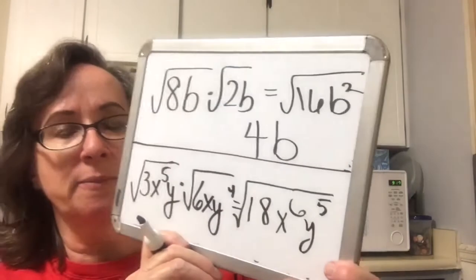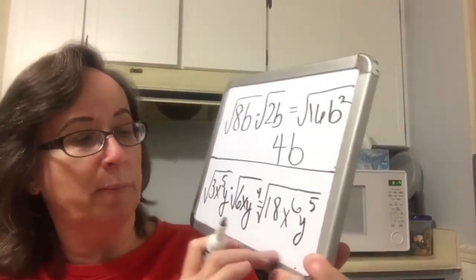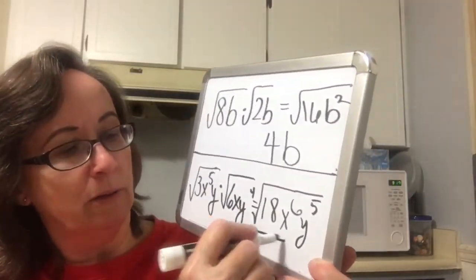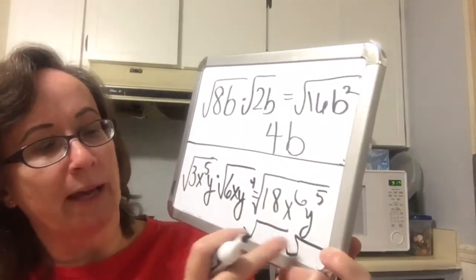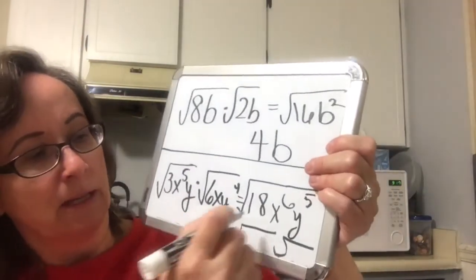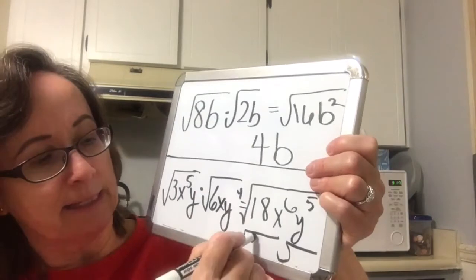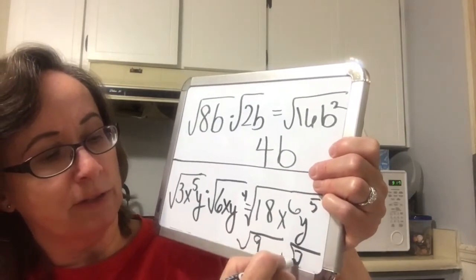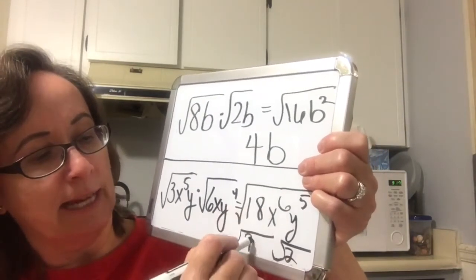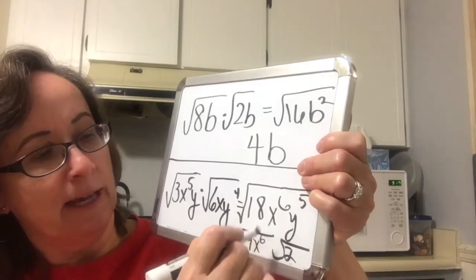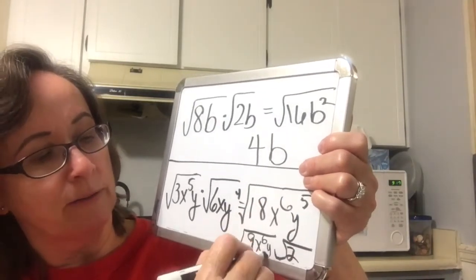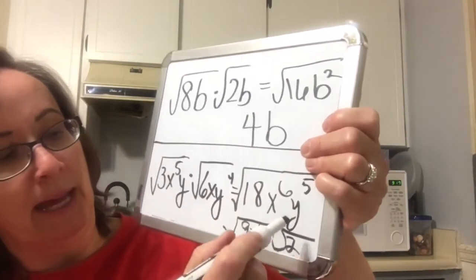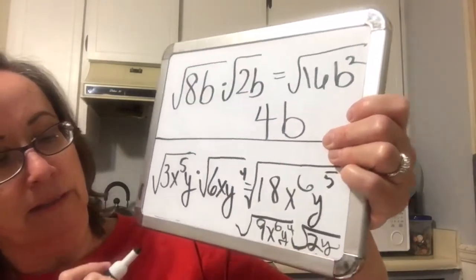After I multiply them together, I'm going to split them apart again into my perfect radical and what's left over. So perfect in 18 is 9 with a 2 left over, and x to the 6 goes in here, and a y to the 4 goes in here with a little y left over there.